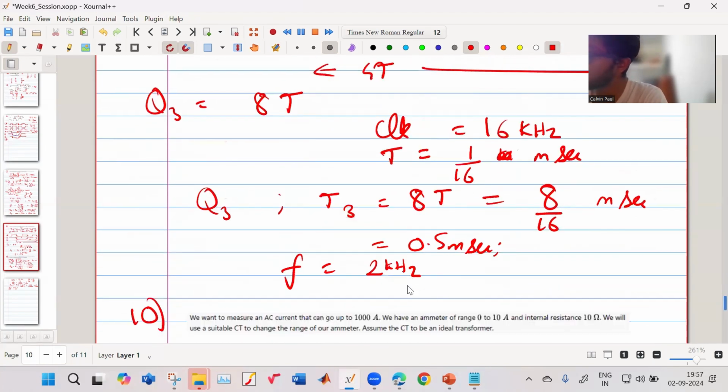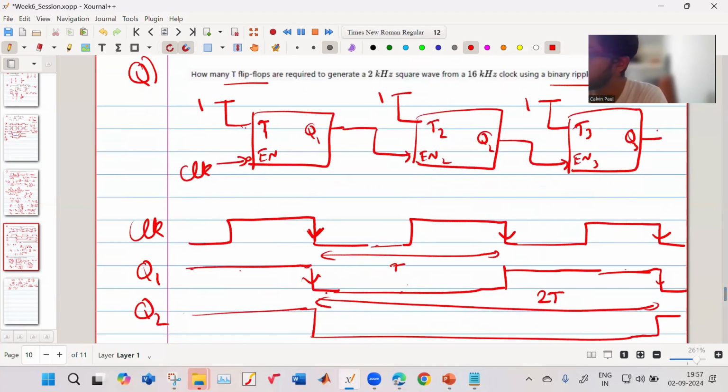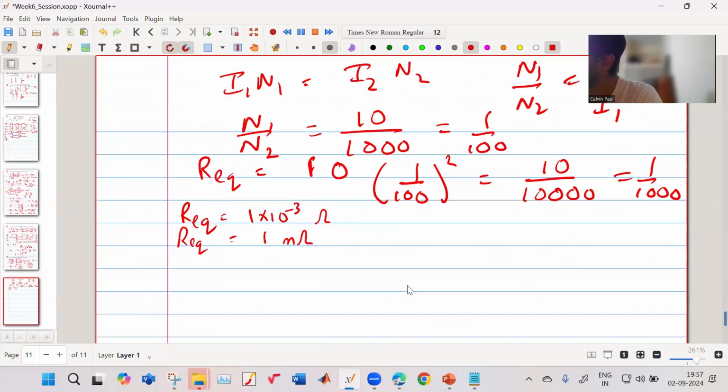The truth table of a T flip-flop, let me write it somewhere, some space here. We shall write it down here.